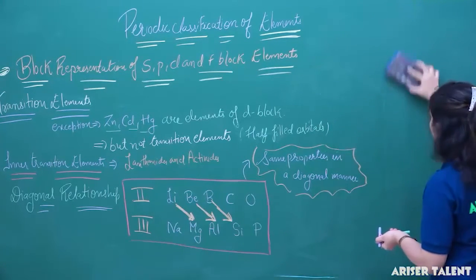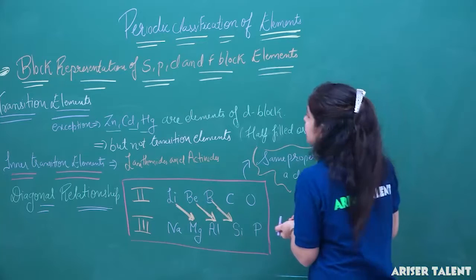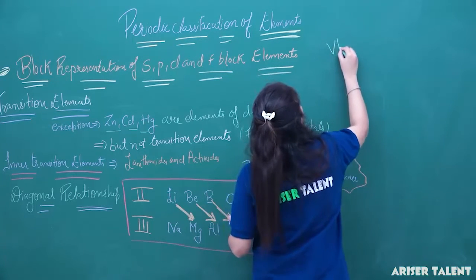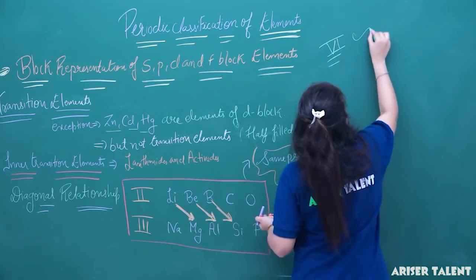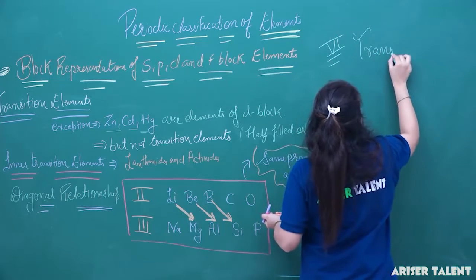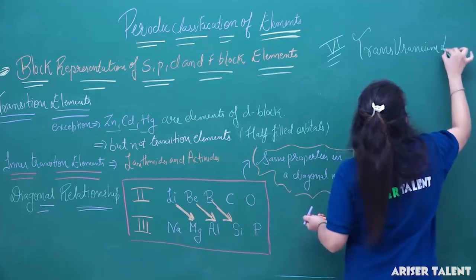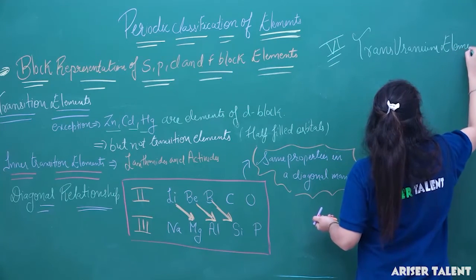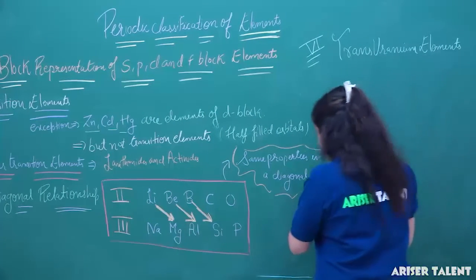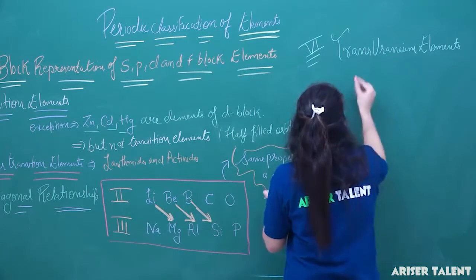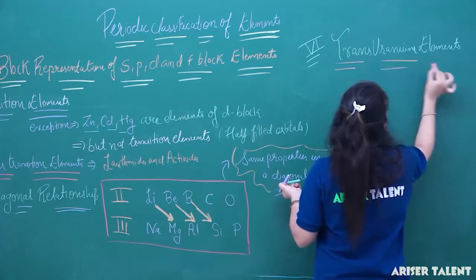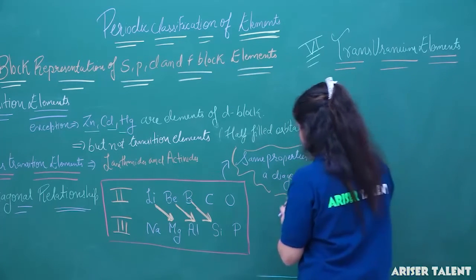So what actually are the transuranium elements? Elements with atomic number greater than 92.